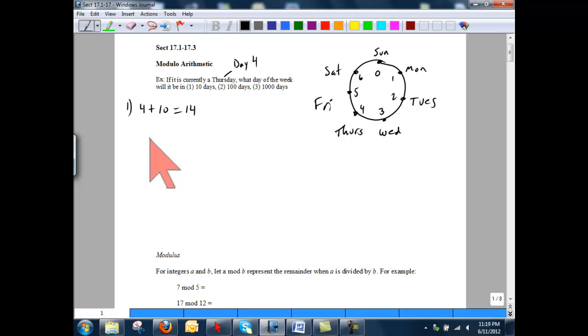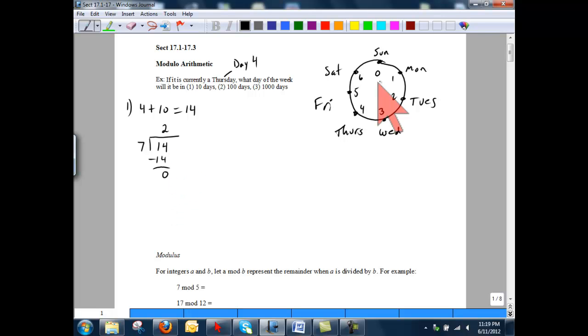Here's another way of identifying that, a more organized way. Here's 14 days, and I'm only interested in where I am relative to a count of 7. So let's take 14 divided by 7. We get 2. And if I think about the long division, which you hoped you would never have to do again, the remainder is 0.